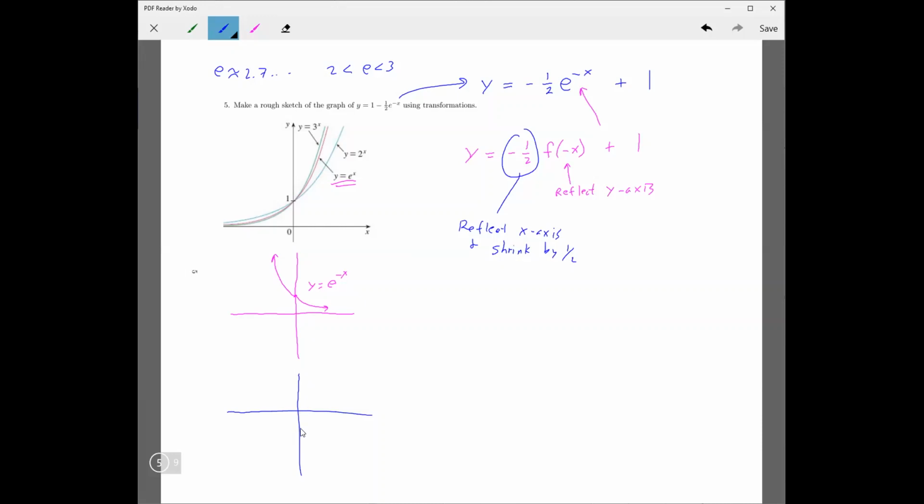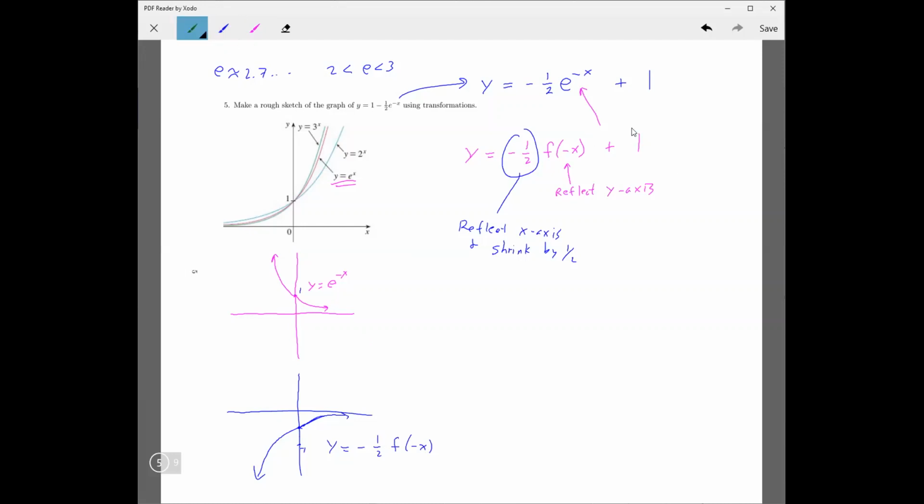So instead of being at 1, this is going to go to 1/2. So that's 1 there. Well, it's going to negative 1/2 because it's reflected. So it's going to be something like that. So that would be negative 1/2 f of negative x.